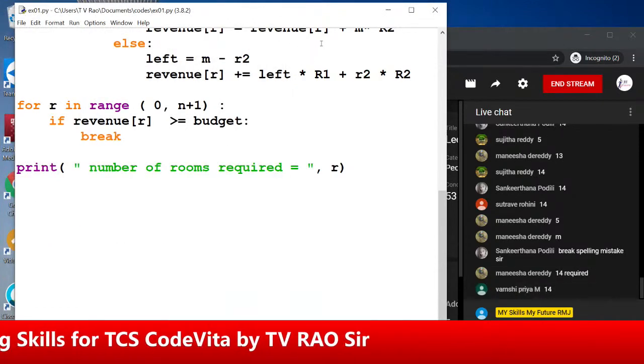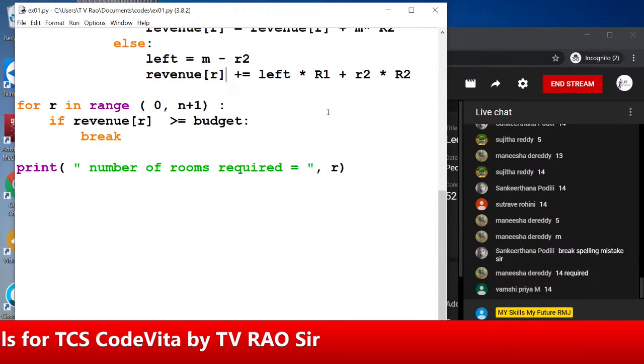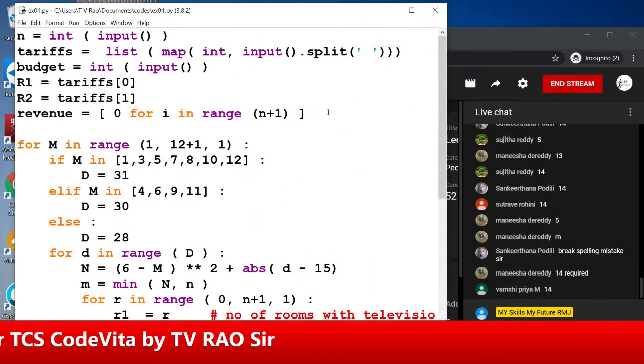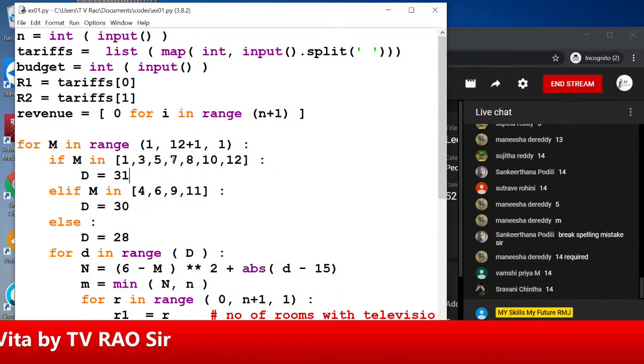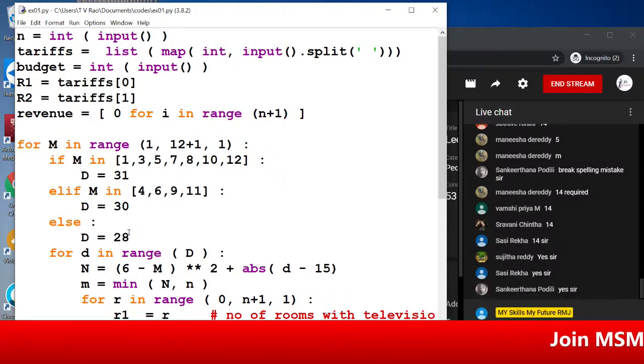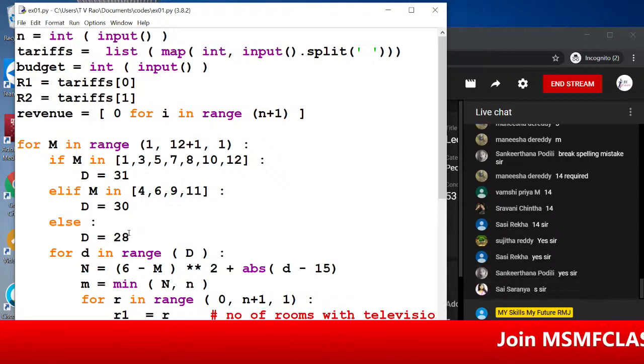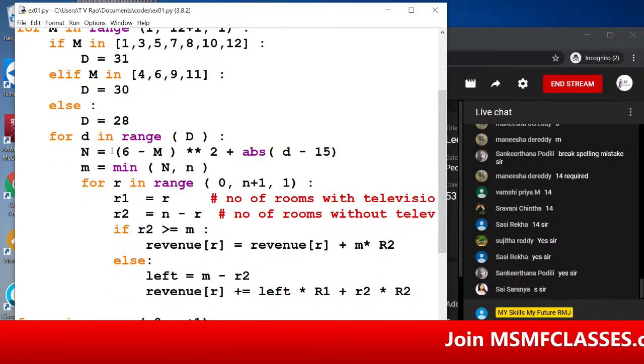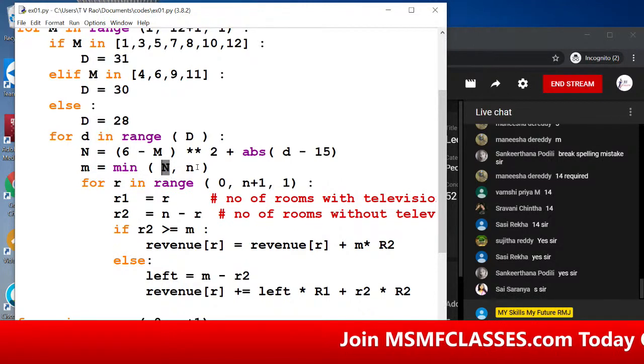Now, let us summarize it. When months are January, March, May, July, August, October, December, number of days is 31. April, June, September, November, 30. February, 28. Now this is number of patients, and number of rooms. Find out minimum of the two.